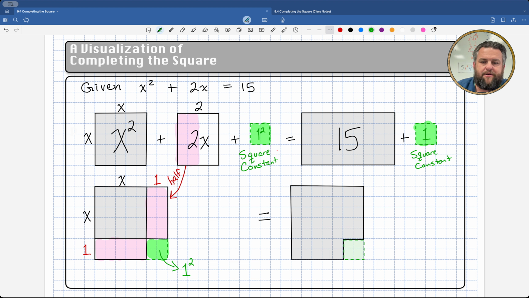We took the rectangular shape and turned it into a square. This is our x component, and we end up making a new square. So this is what it means to complete the square. Hopefully this helps you out. I found that when I did the visual of this, it helped me understand the process for completing the square and made it quite a bit simpler for me.